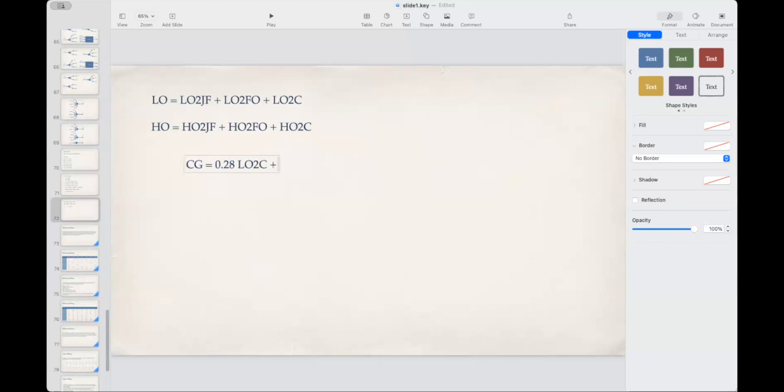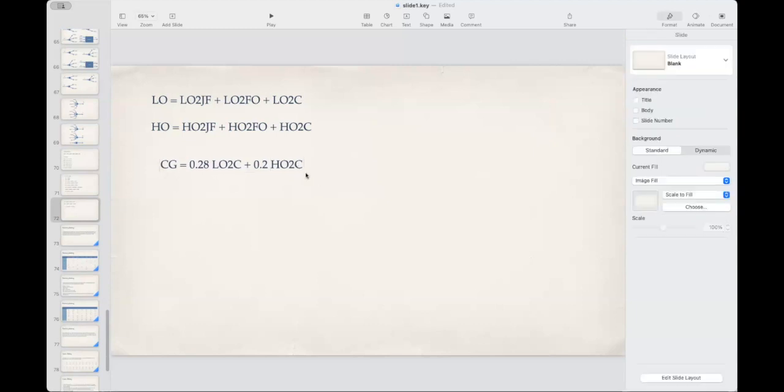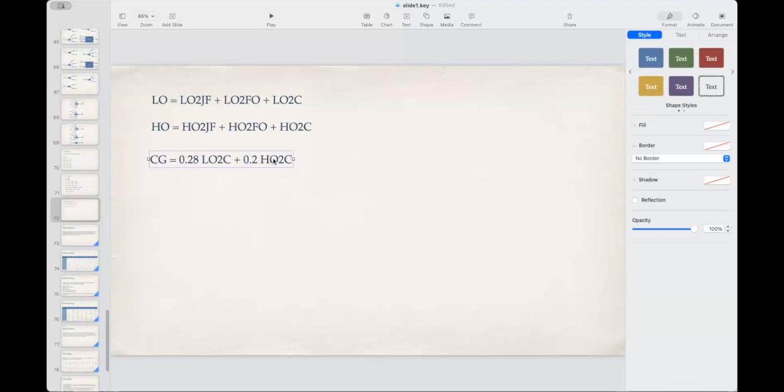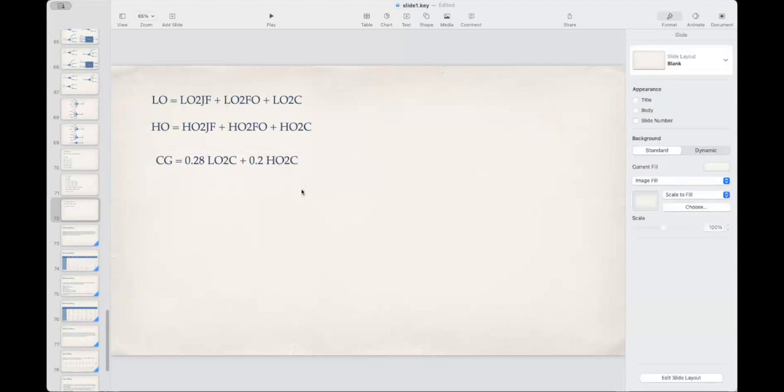And what else? Heavy oil to C, 0.2. Okay, good. Right, cracked gasoline, because we send light oil and heavy oil, right? And 1 barrel of light oil produces 0.28 of cracked gasoline and 0.2 of cracked gasoline if we send heavy oil to the cracker. And the next one is cracked oil, CO.